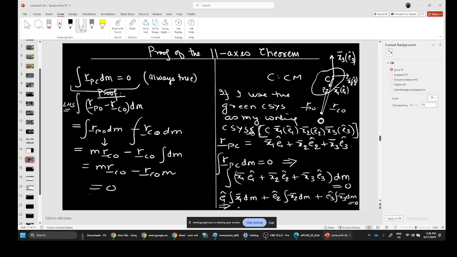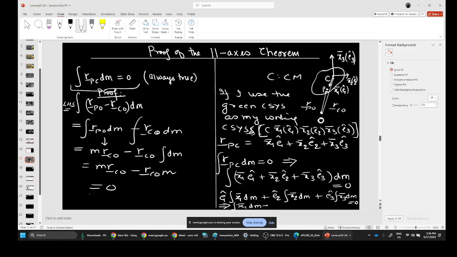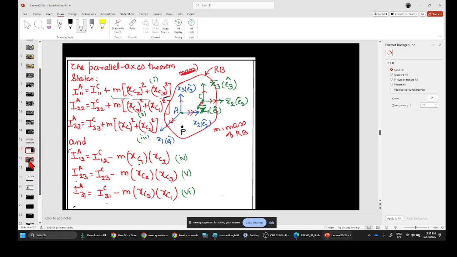And since E1, E2 and E3 are mutually perpendicular unit vectors, I effectively get three equations: the integral of x1 bar dm is 0, the integral of x2 bar dm is 0, and the integral of x3 bar dm is 0, over the whole body. We will use these three relationships while trying to prove the parallel axis theorem.